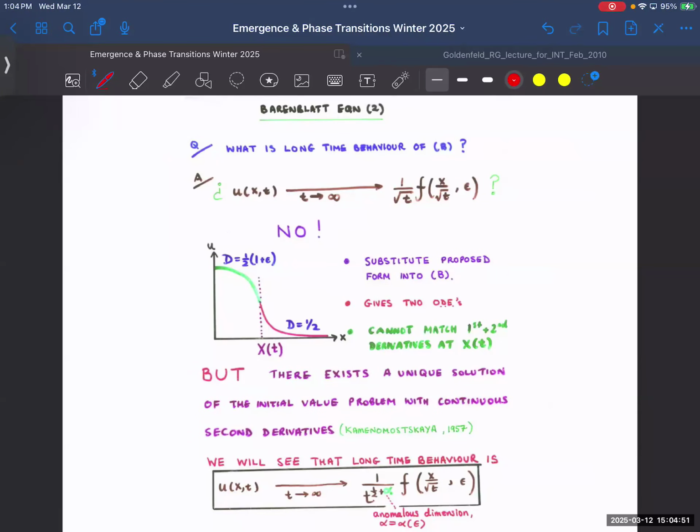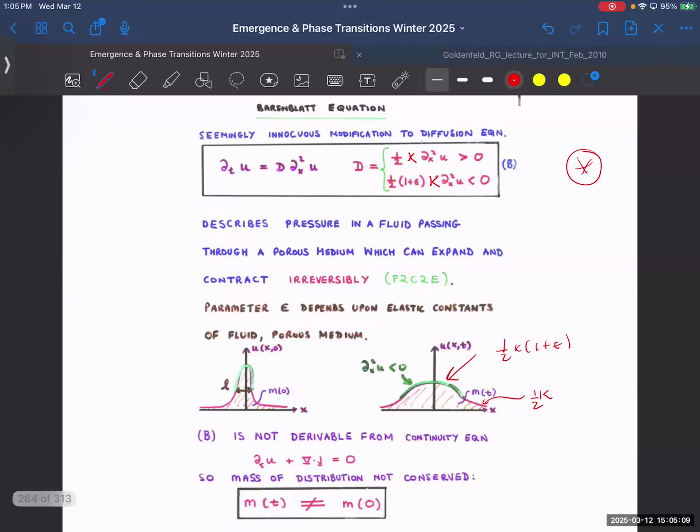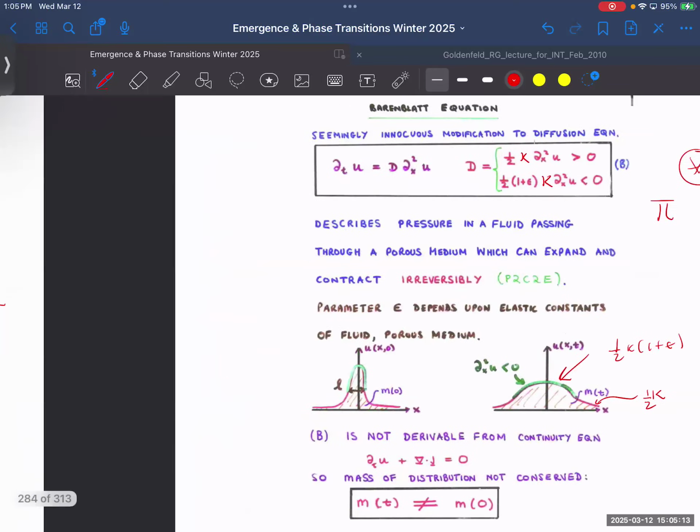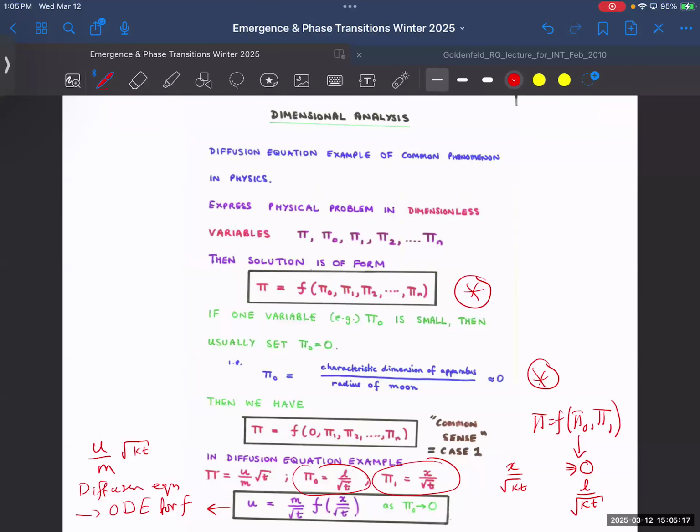Okay, so now we have the question: what is the long time behavior of the equation, which I'm calling the Baron-Blatt equation? So you might say, well, it's easy. We can figure this out by using the principles of dimensional analysis. What does dimensional analysis tell us? Well, what we've done is we've added one more dimensionless group. What did we have before? We had pi 0 and pi 1.